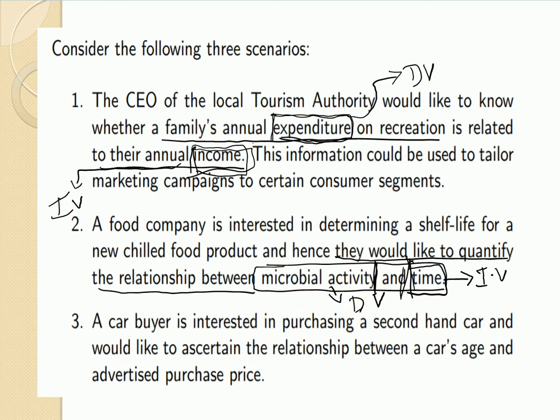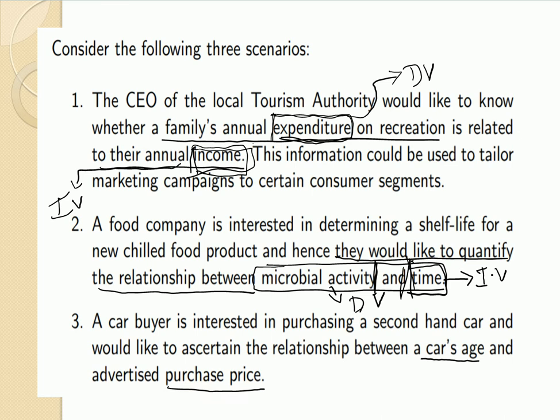In the third example, a car buyer is interested in purchasing a second-hand car and would like to ascertain the relationship between a car's age and the advertised purchase price. The two variables here are the car's age and the advertised purchase price.